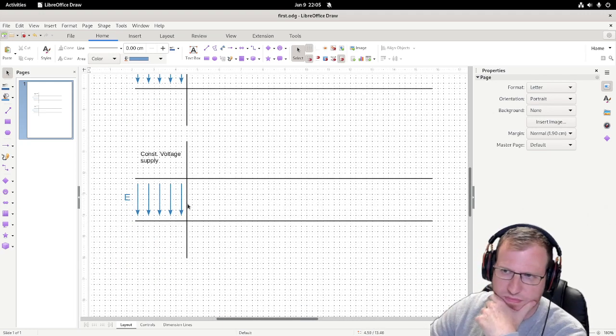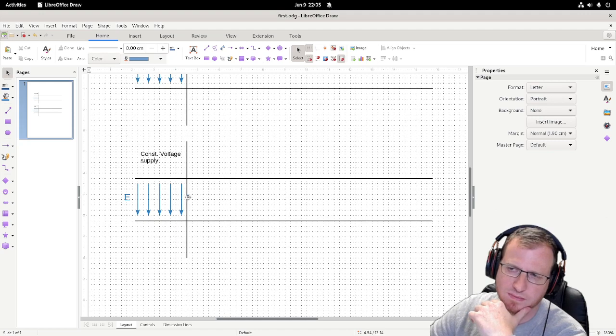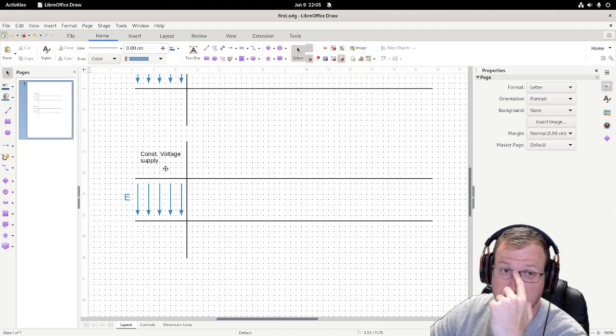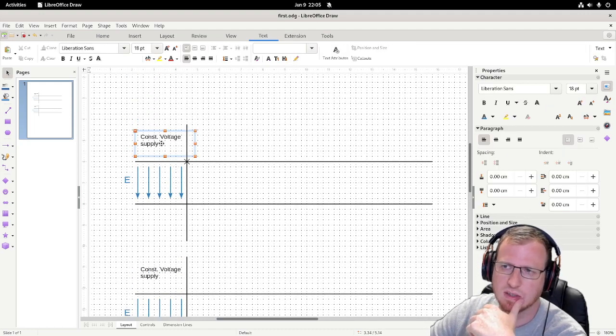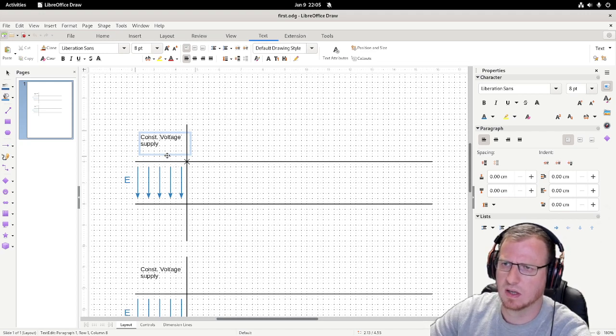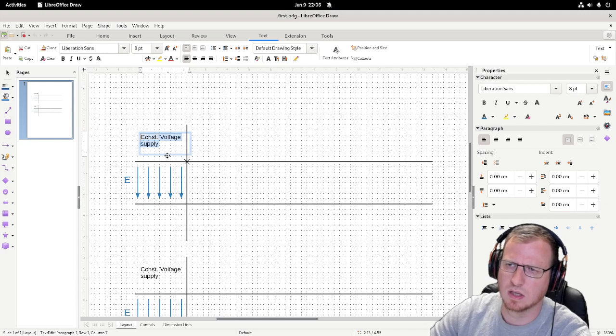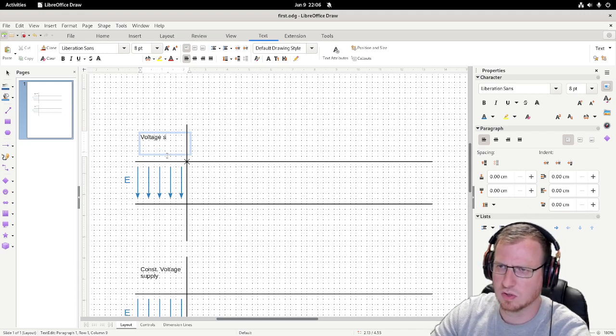So now the electrical field is extended to the constant voltage supply, the voltage source, as I call it. Voltage source, and that's constant E.